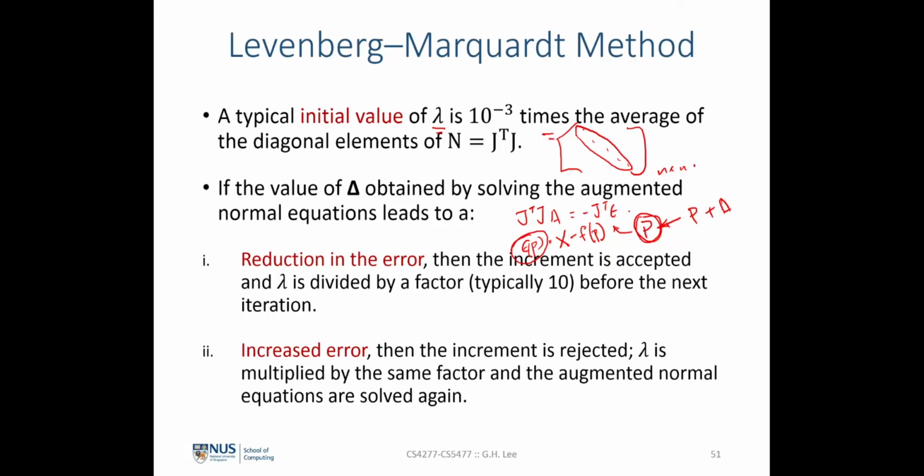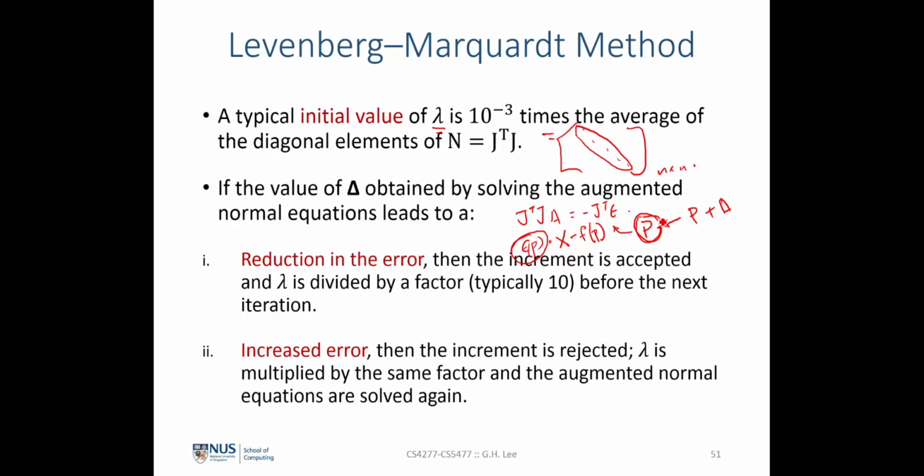So in the case where there's a reduction of the error epsilon over here, we will divide lambda by typically a factor of 10 before the next iteration, and we will also accept this new value of P that is estimated from the computed lambda. On the other hand, if this lambda leads to an increase of the error, then the increment would be rejected.